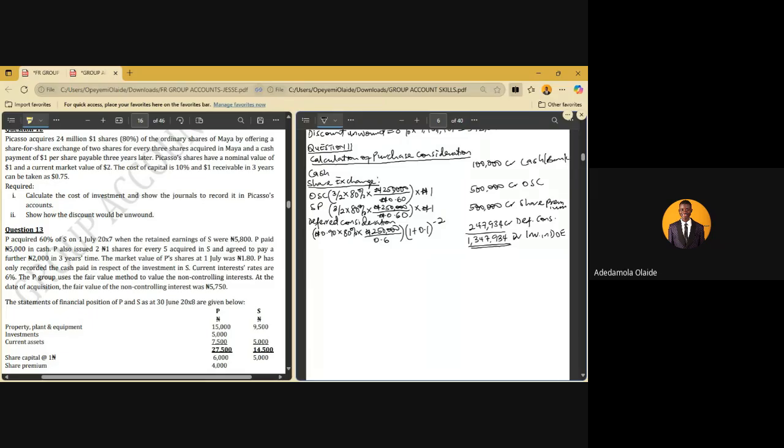Show how the discount would be unwound. Okay, we'll have question 12. Calculation of purchase consideration.